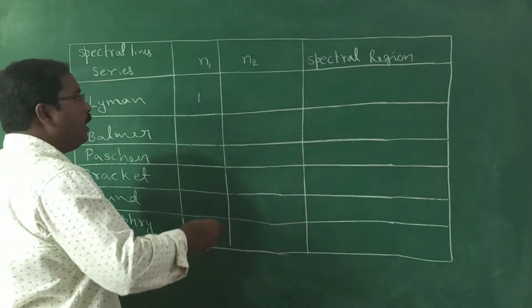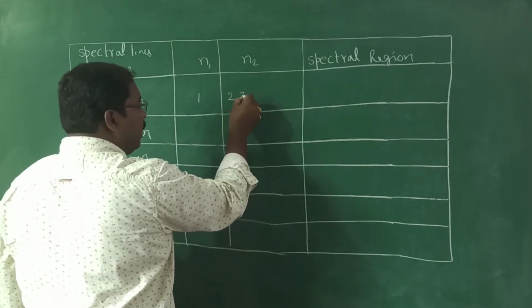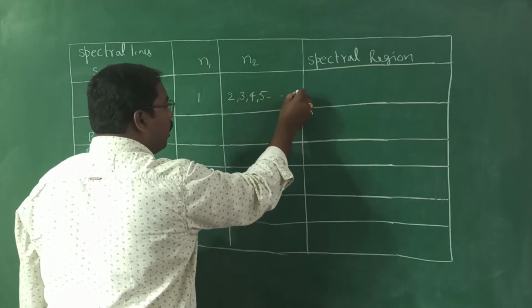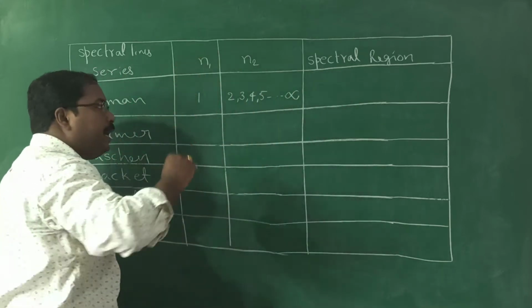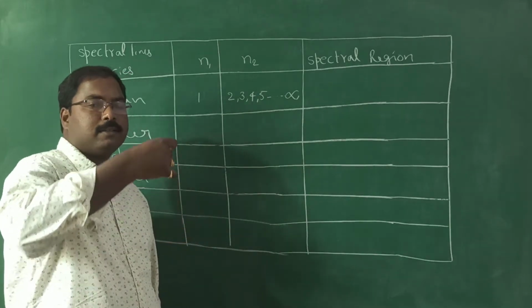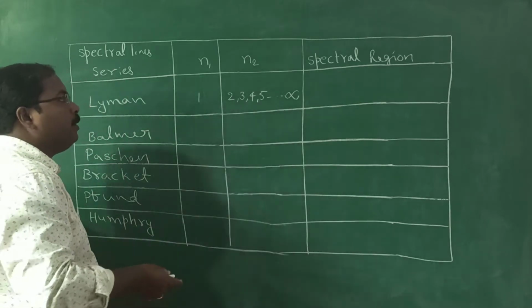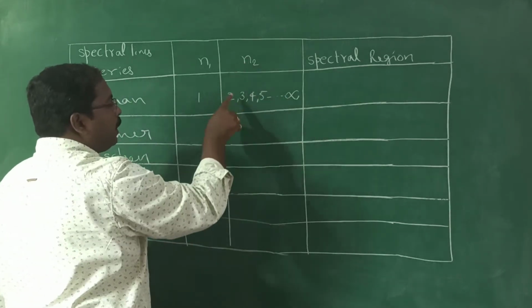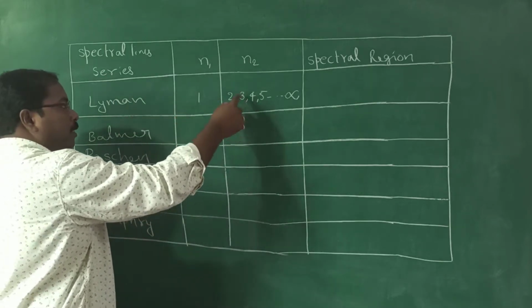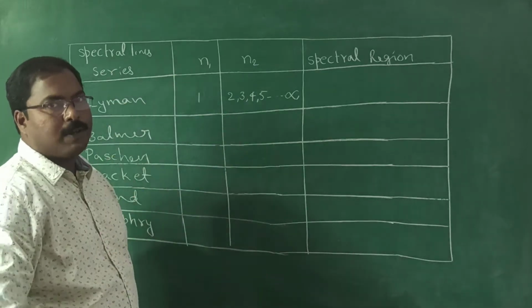The n2 value may be 2 or 3 or 4, 5, and so on, up to infinity. I told you that the number of orbits may be infinity. So n2 in the case of the Lyman series may be 2 to 1, 3 to 1, 4 to 1, or infinity to the first orbit.